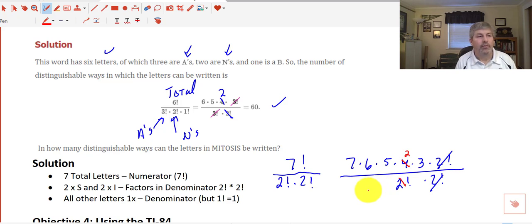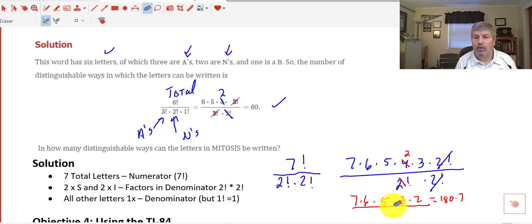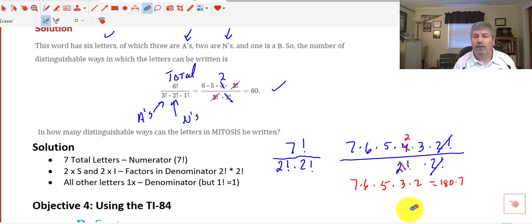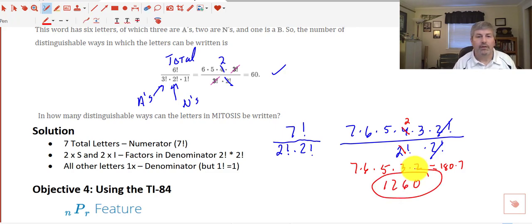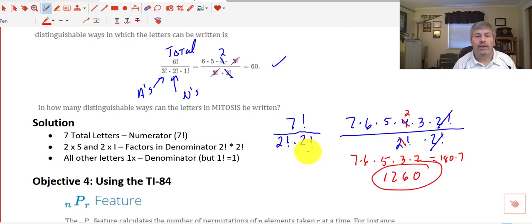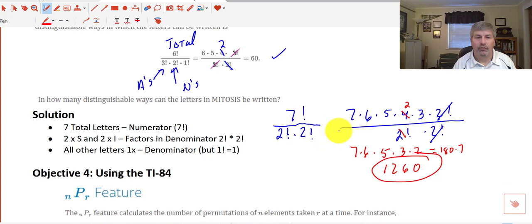And so we end up with 7 times 6 times 5 times 3 times 2, which I see here is 6 times 5 is 30, 60, 180 times 7, which gives me a grand total of 1,260 possibilities, or the distinguishable ways the letters could be written.